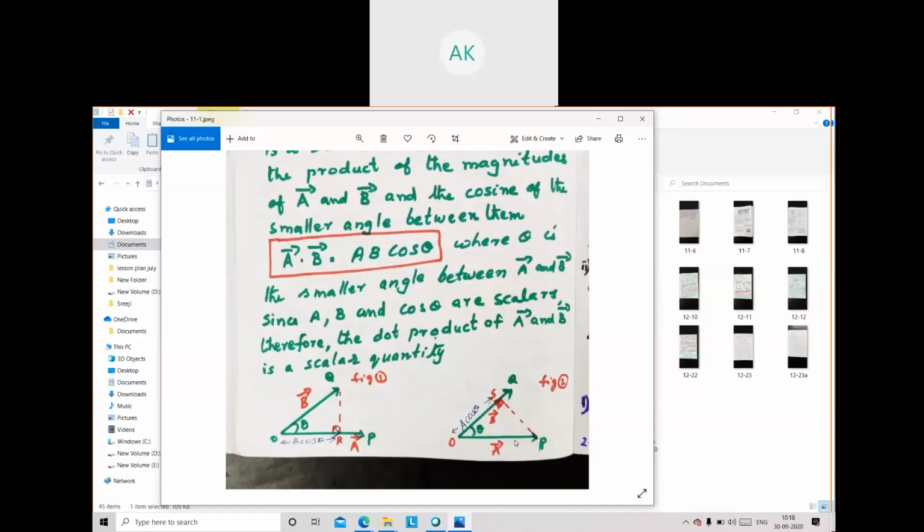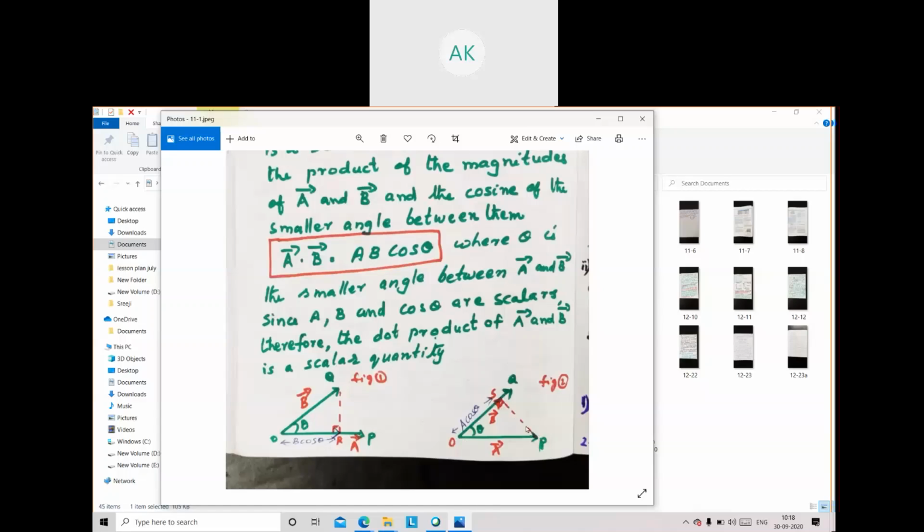Similarly, here you see this diagram. Here I have drawn a perpendicular in the direction OQ. From A we have drawn the perpendicular. This is 90 degrees; the dotted line is showing the perpendicular drawn.